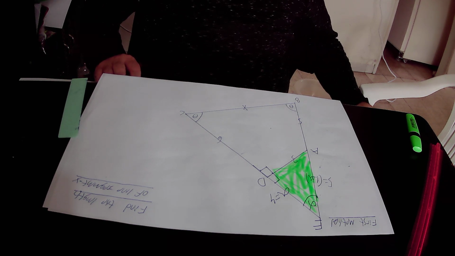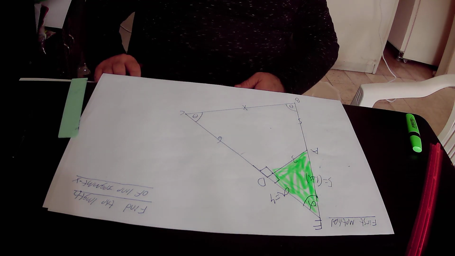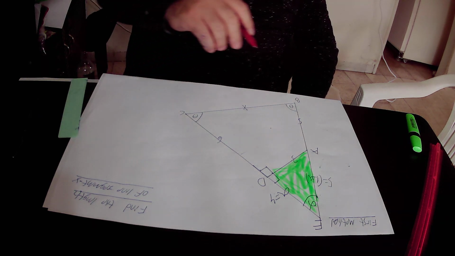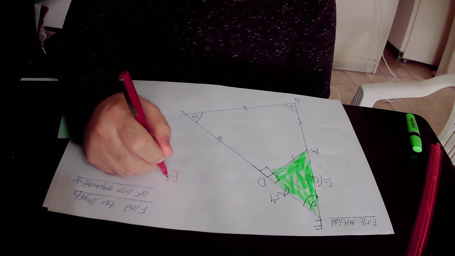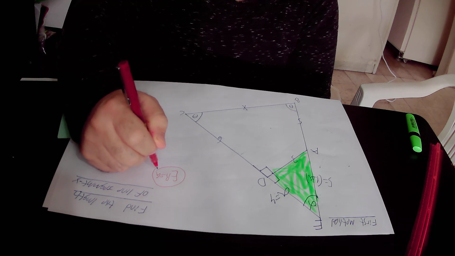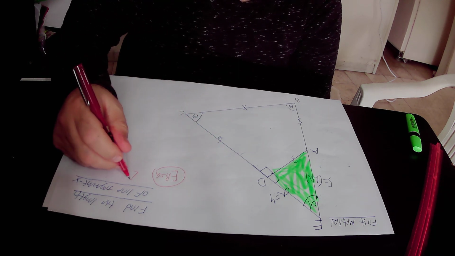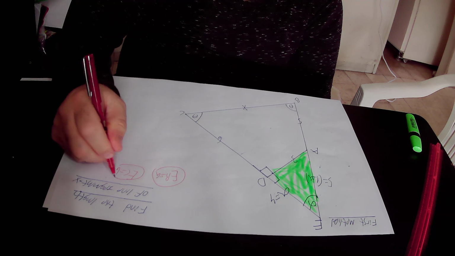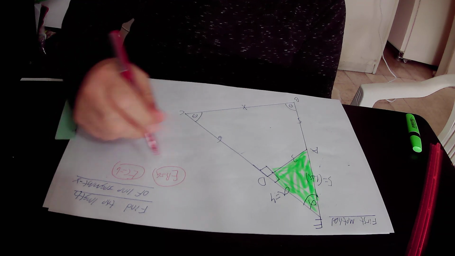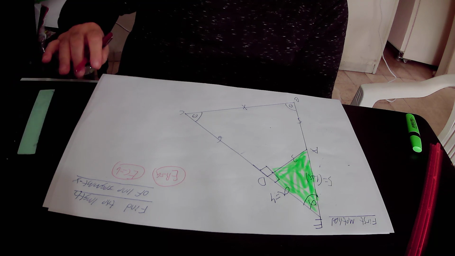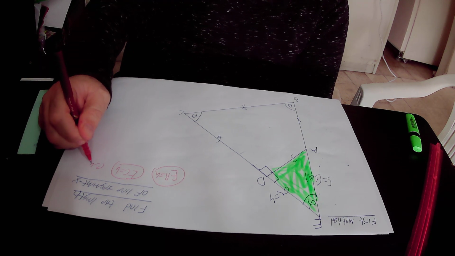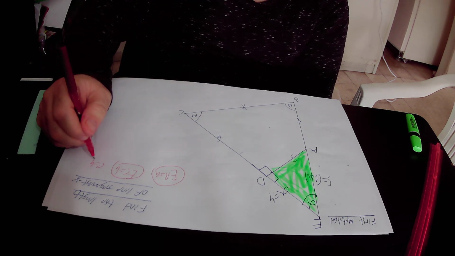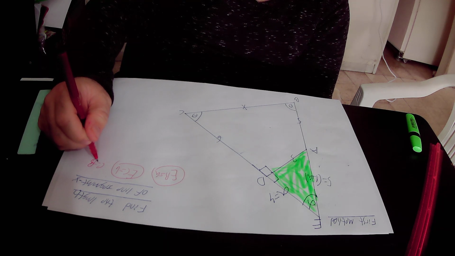So here, first of all, EB equals a, EC equals b, angle alpha is angle alpha, and c equals BC. c equals BC, that is actually equal also to x.